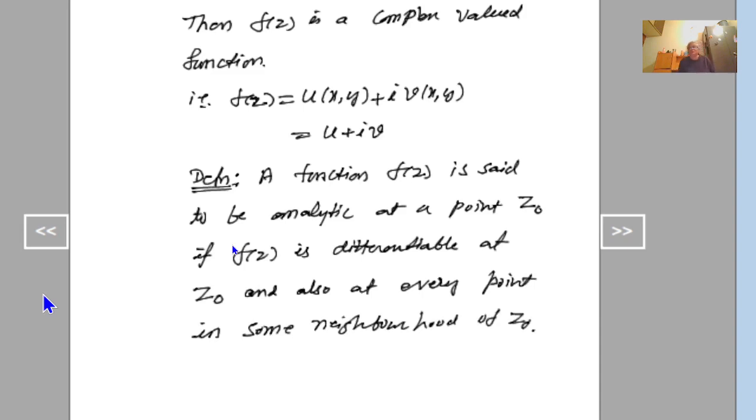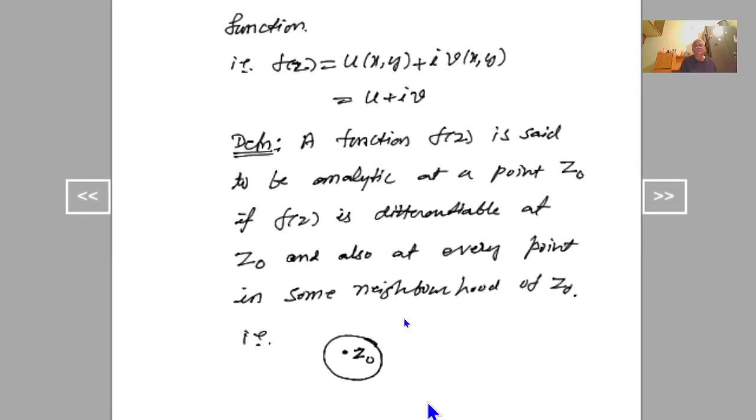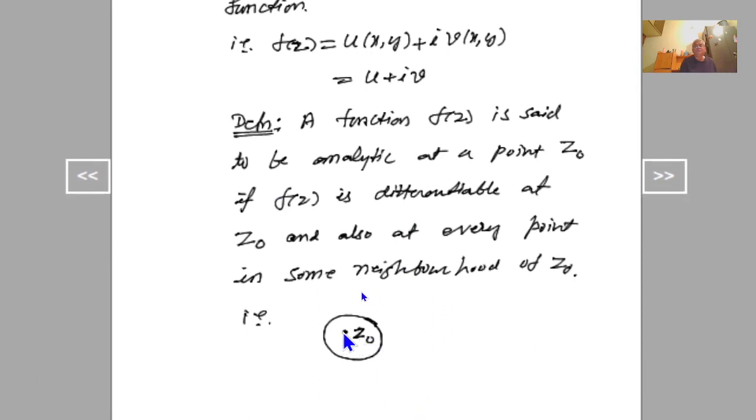z naught. So that is, see, this is the point z naught, and this is some neighborhood here. If the function is differentiable at this point z naught, and also at every point in this neighborhood, in this circle, then we say that the function is analytic.